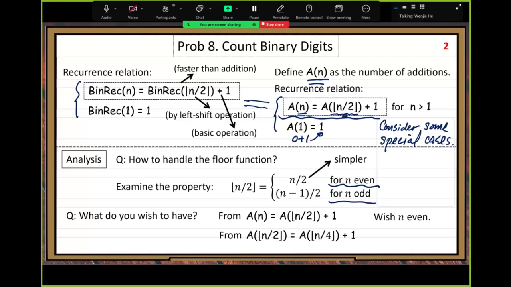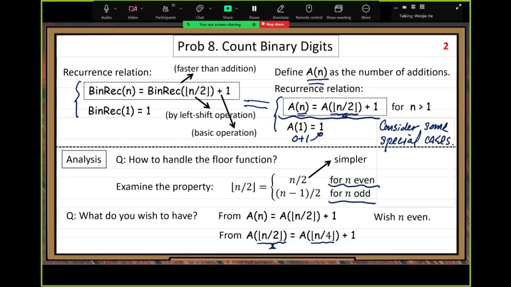floor function. But after that, you need to do another recursive call, and the second time when you apply this equation on the smaller problem size, you need to do n over 4 floor function.